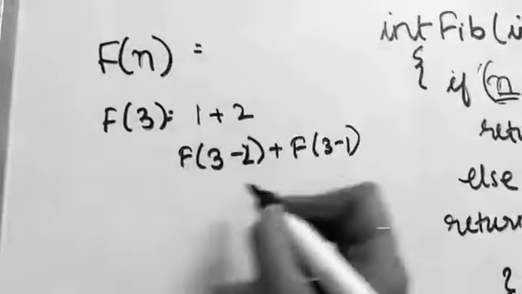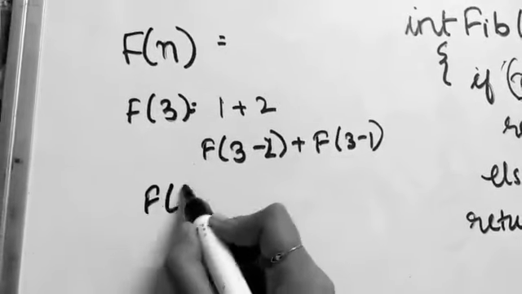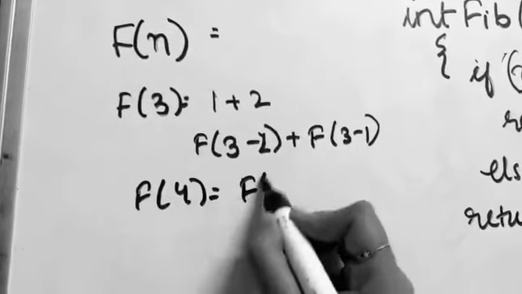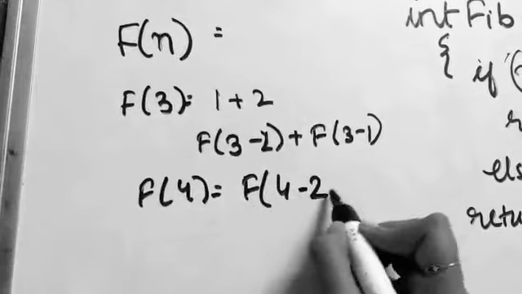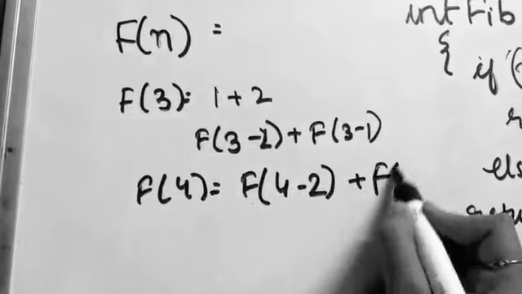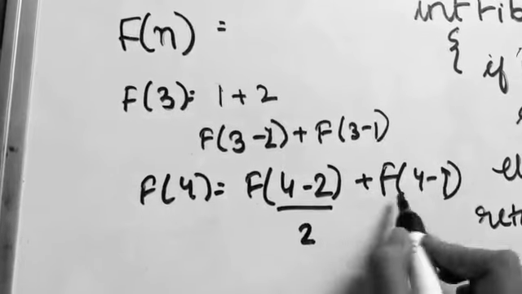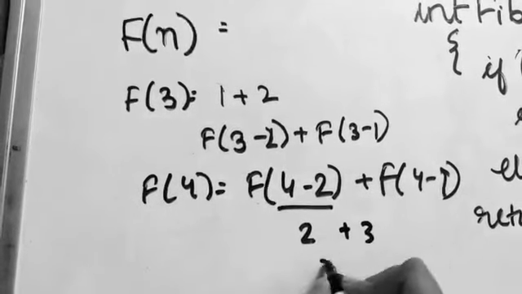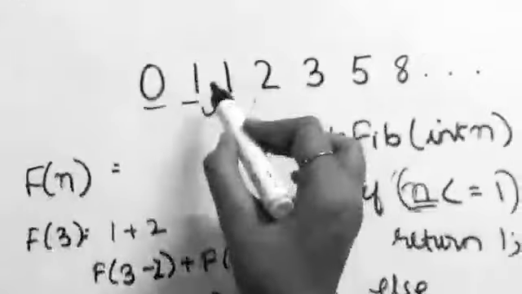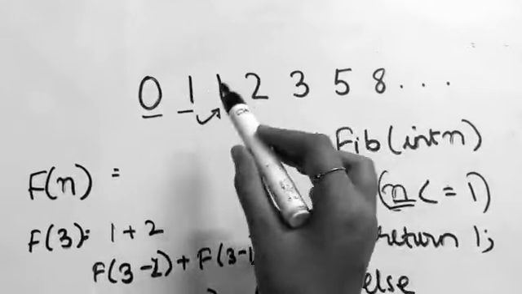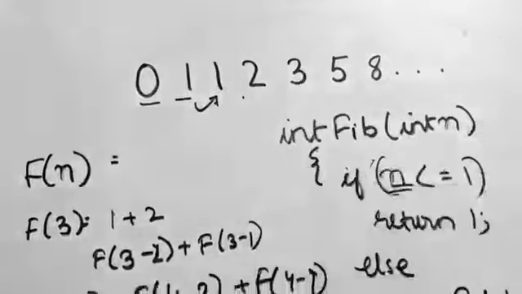So for f3 we calculate it in this way. For f4, if we follow this same convention, we have f(4 minus 2) and f(4 minus 1), that is 2 and 3, which gives 5. So we get the first four digits, 1 2 3, and this is the fifth one that we get.